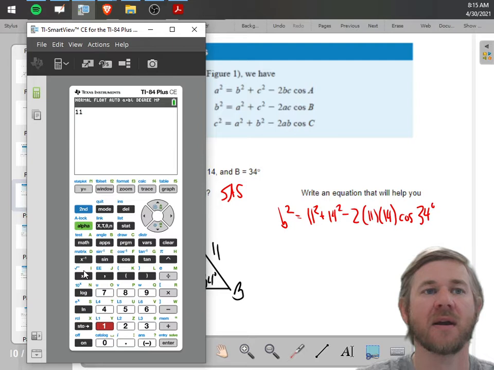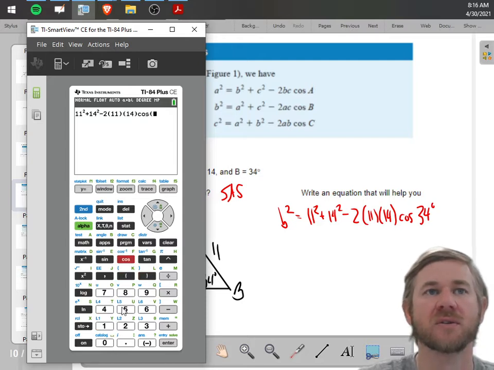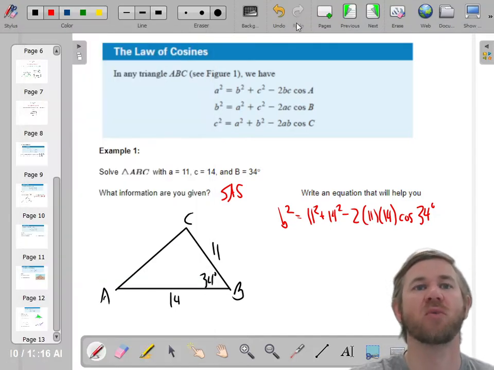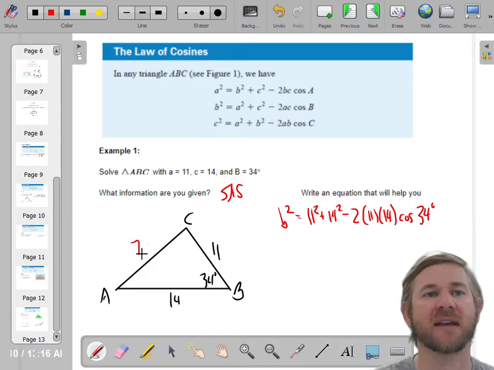So 11 squared plus 14 squared minus 2 times 11 times 14. If you use parentheses, you stay out of trouble. Cosine of 34. Square root, like 7.5 or something. 7.85. b is 7.85. So now we know this is 7.85.